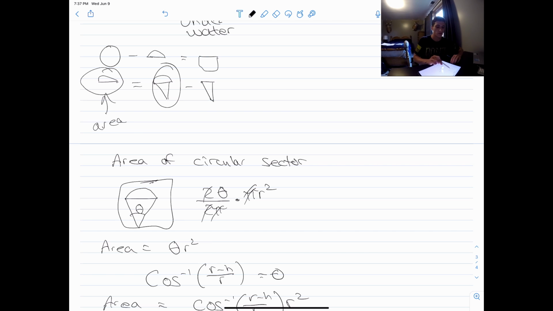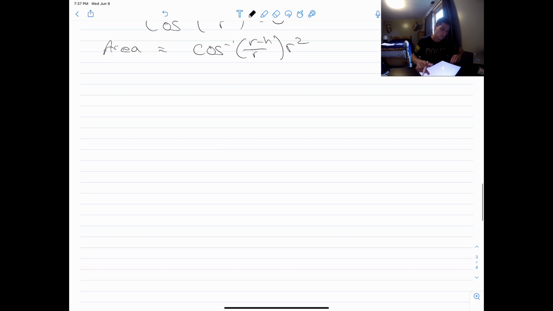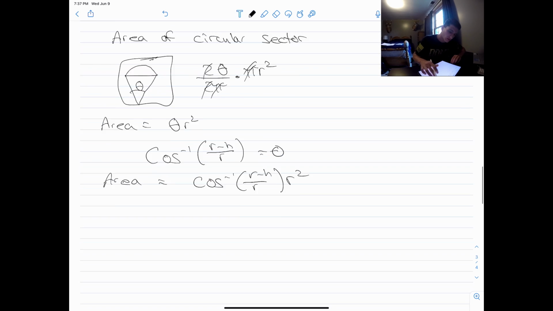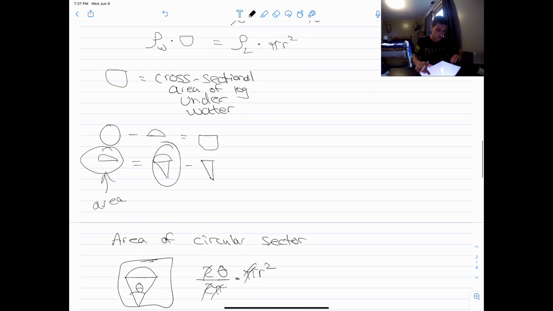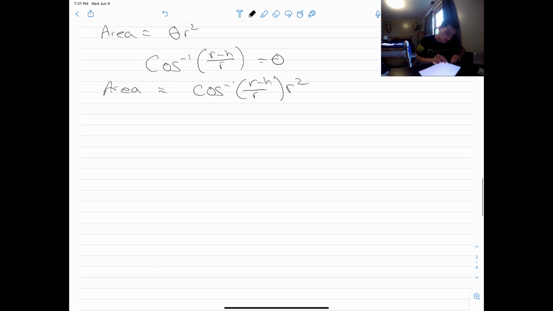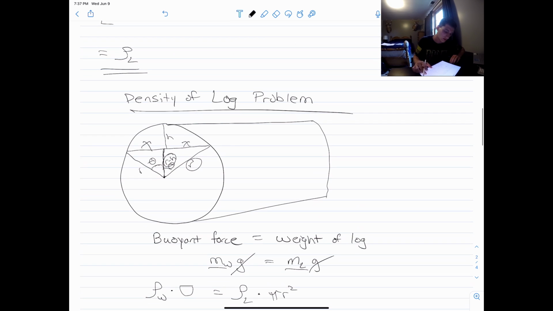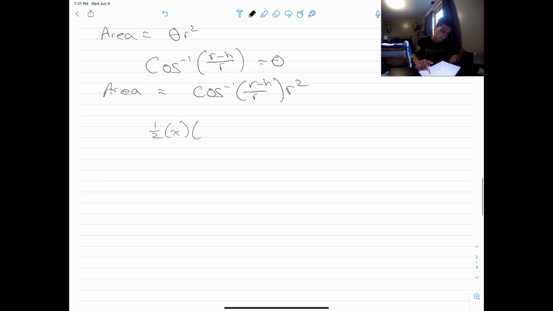But now we need to subtract the area of the triangle. Looking at our triangle, we have a base here and a base here. We'll just denote it as x. So our area of the triangle is 1/2 times x times our height, which we saw up here is r minus h.